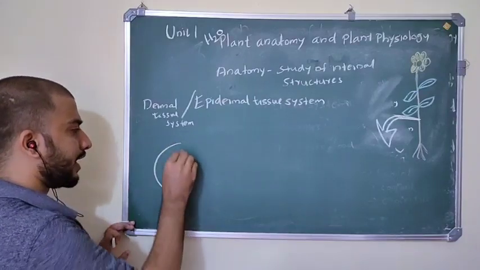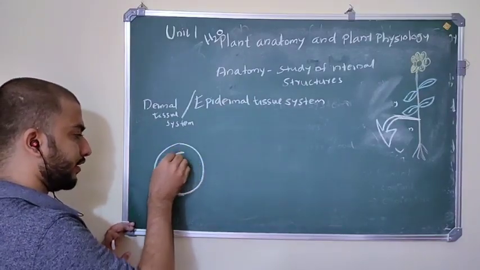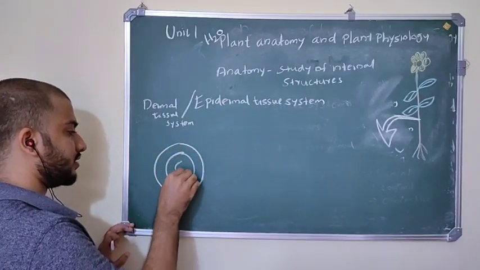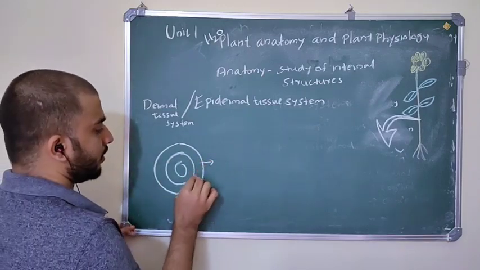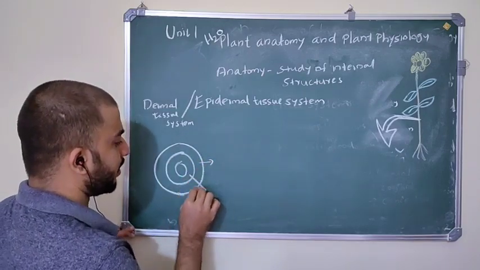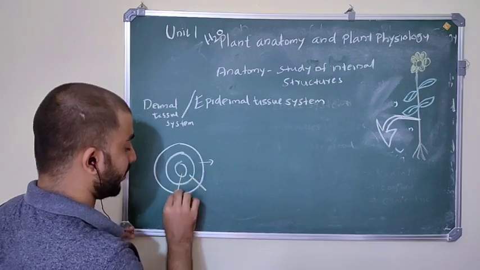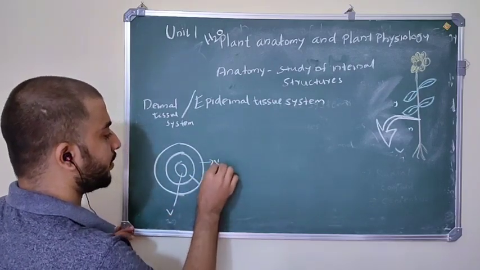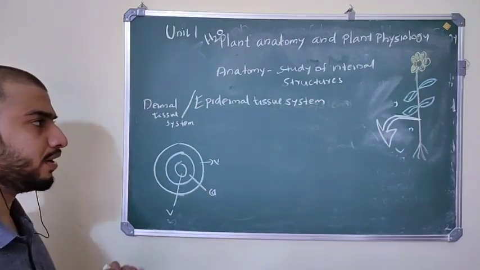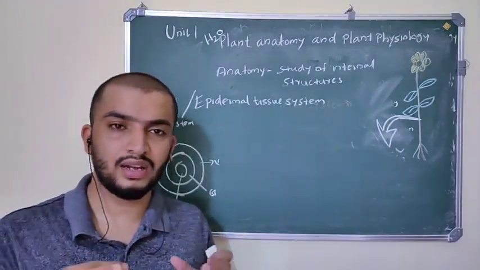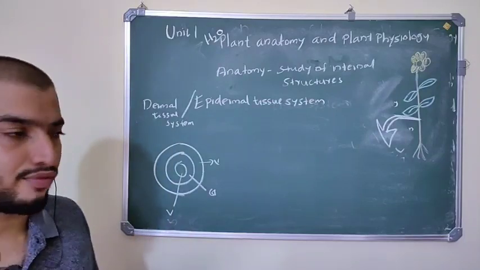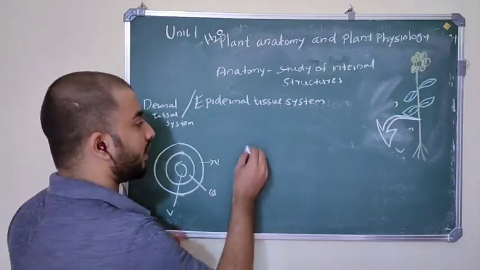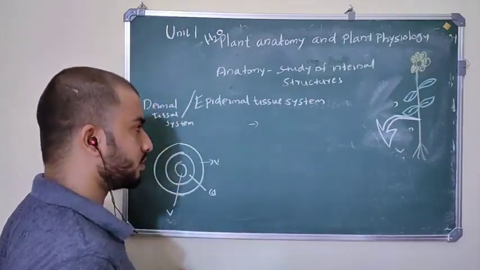So if you take the anatomy of a plant part, like a root or stem, we can see the outer epidermal tissue system, and in between the outer epidermal tissue system and the vascular tissue system, the ground tissue system is present. The main function of the epidermal tissue system is to protect the inner tissues. Protection is the main function. Then let's look at the components of the epidermal tissue system.